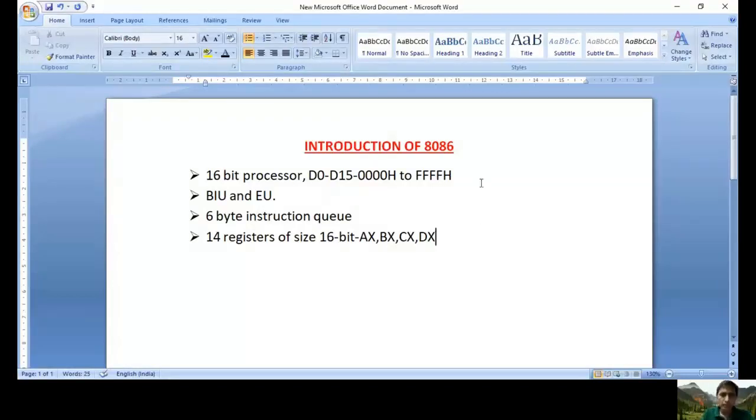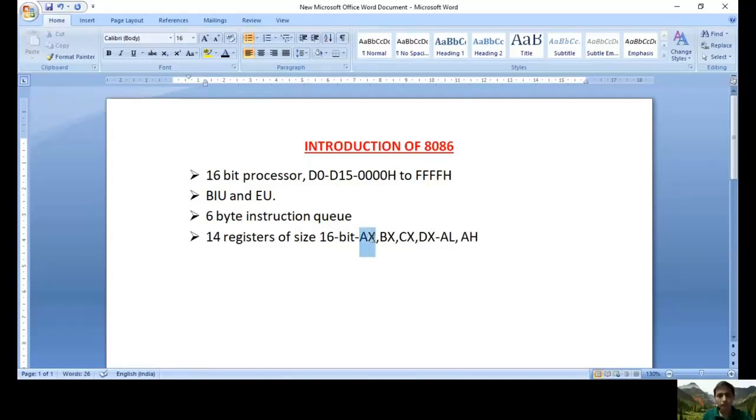But these 4 registers are especially used for either 8-bit operation or 16-bit operation. If it is AX, X indicates 16-bit. If you write, for example, the first register AL, comma AH, AL is for 8-bit, and its name is accumulator lower byte. AH is accumulator higher byte. These two are for 8-bit. If I need to perform a 16-bit operation directly, then we can use AX.